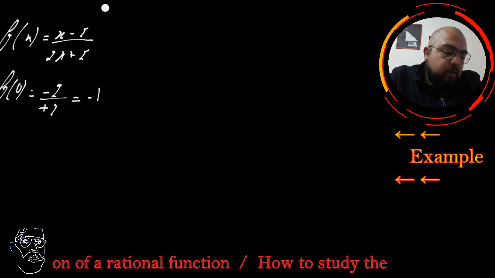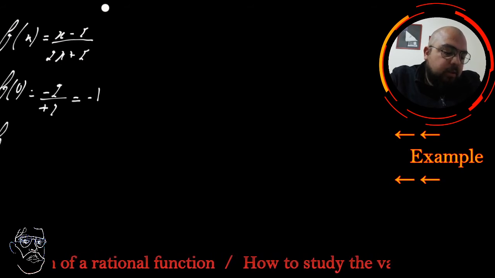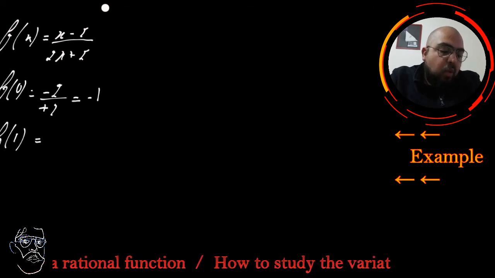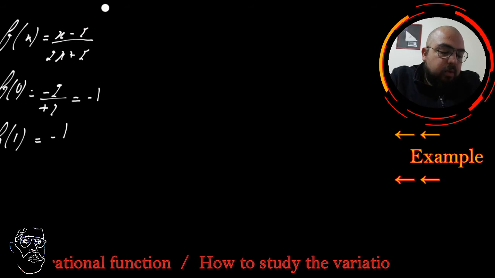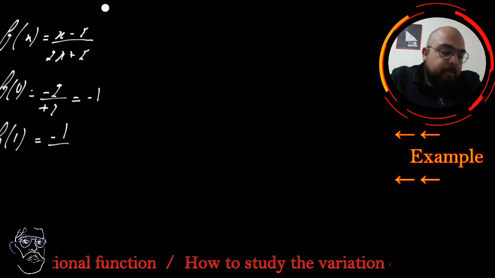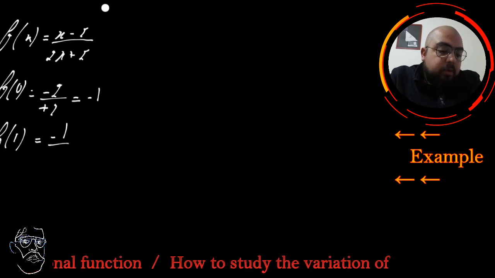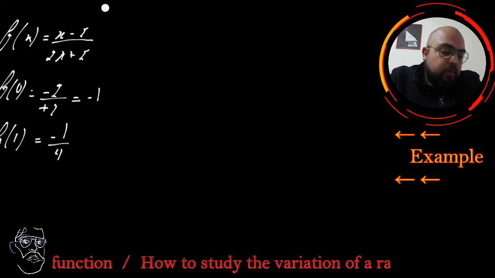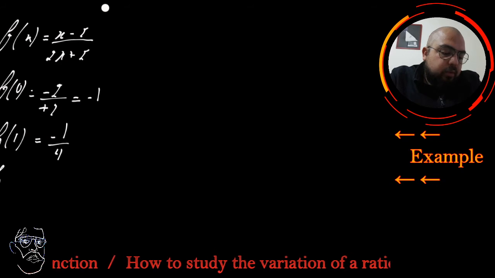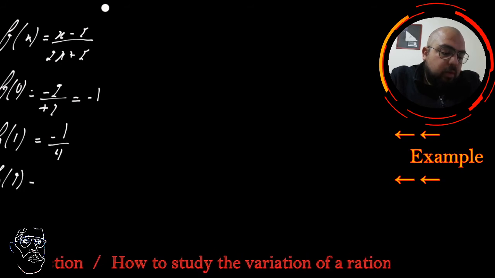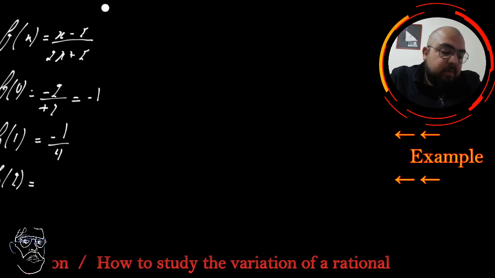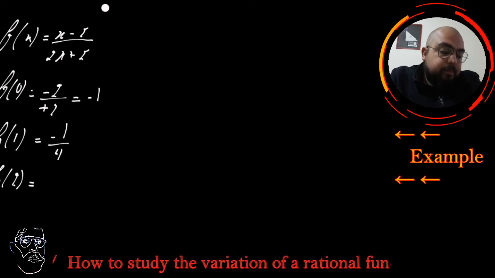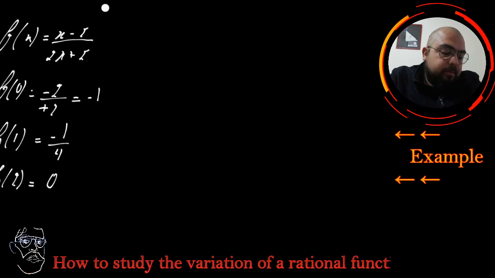F of 1, let's say, is equal to 1 minus 2 is minus 1 over 2 plus 2 is 4, so it's minus 1 over 4. F of 2 is equal to 0 over 6, so it will be 0.